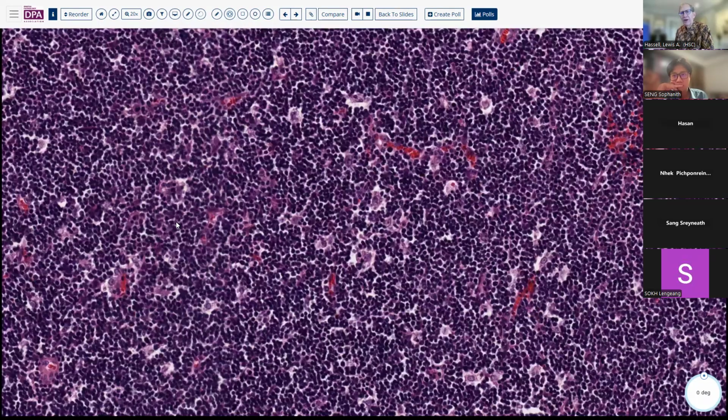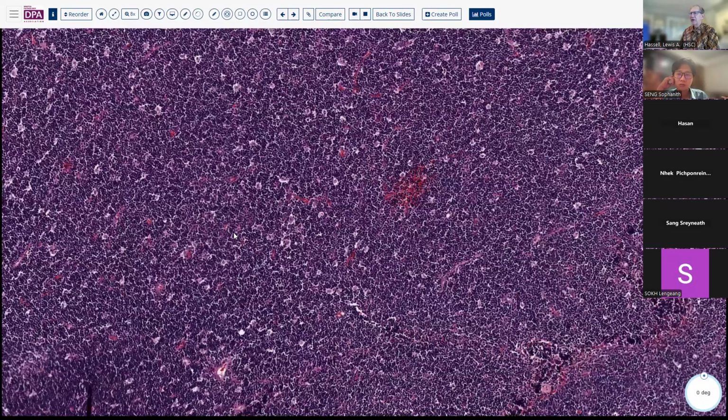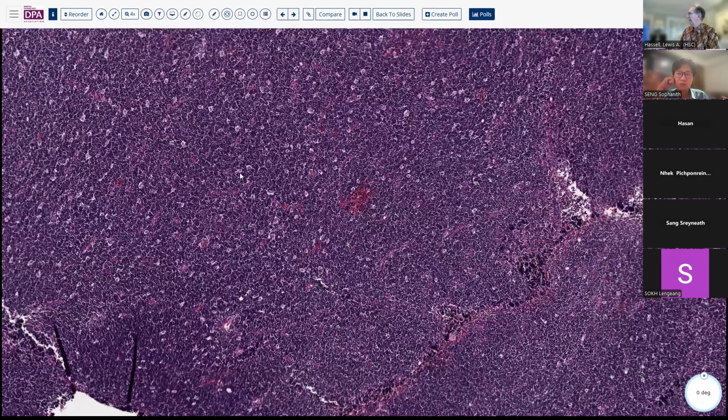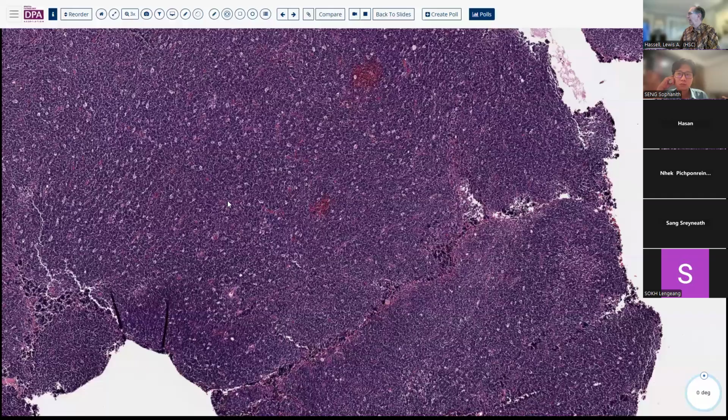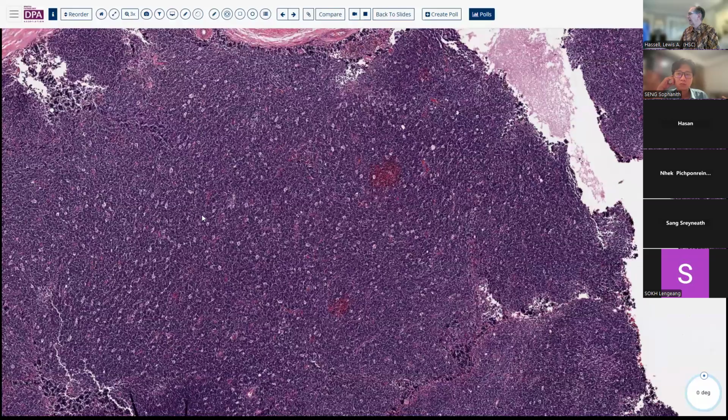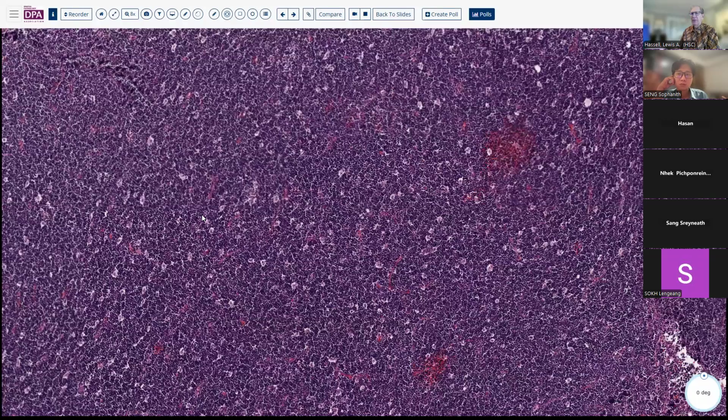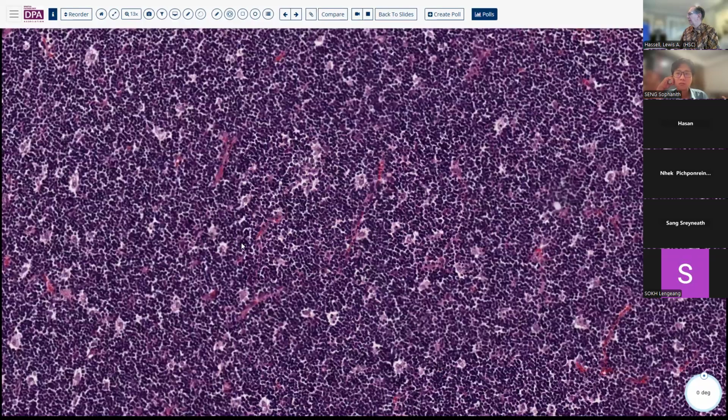So our differential would include the possibility of low-grade lymphoproliferative disorders, like well-differentiated lymphocytic lymphoma and so forth. And that's certainly worth excluding. But in your immunophenotype panel for this, you certainly should include a cytokeratin stain that will be able to highlight the presence in here of thymic epithelium. And in fact, that's what this is.